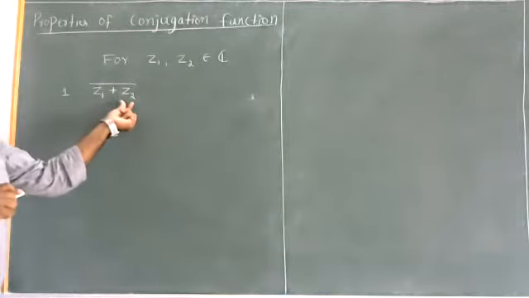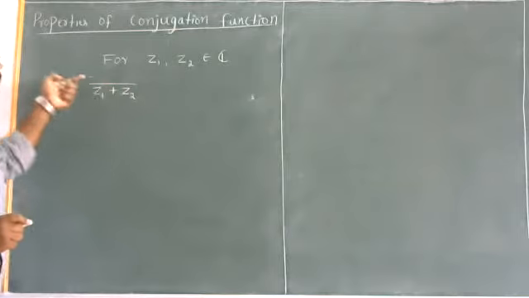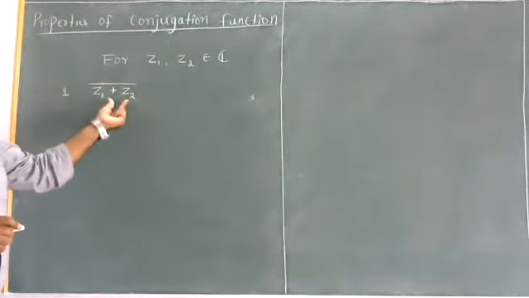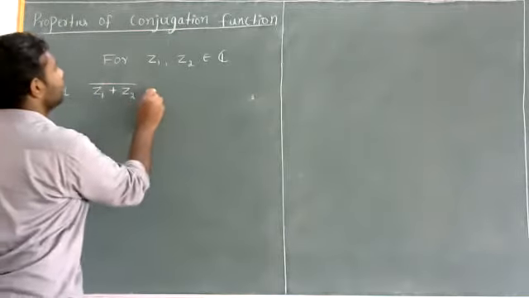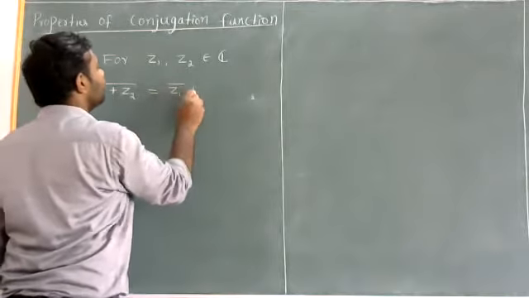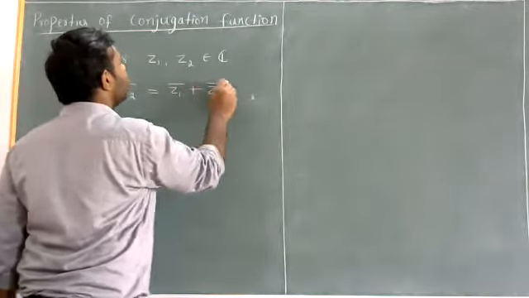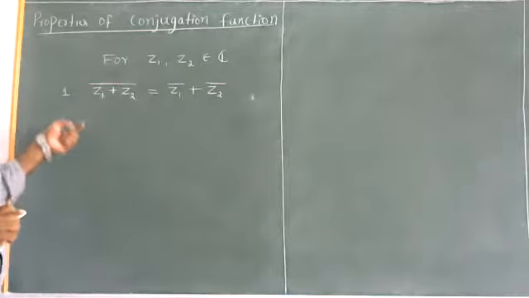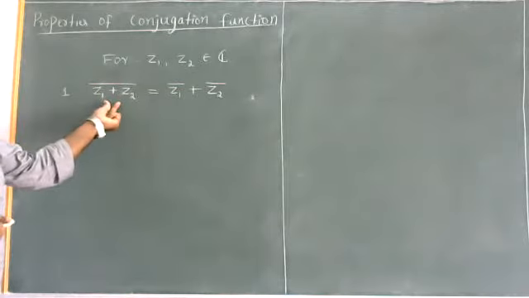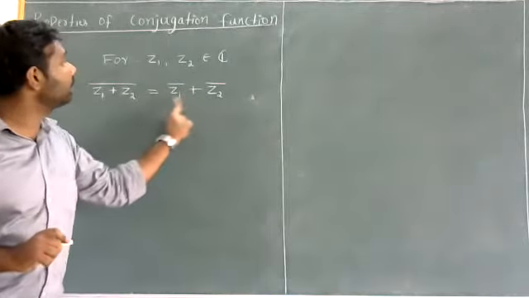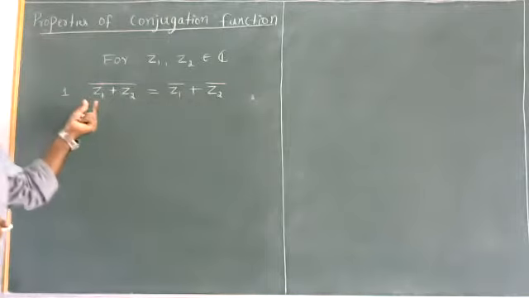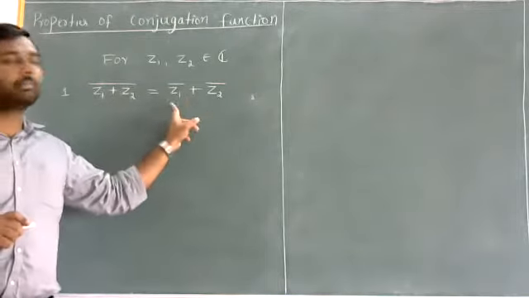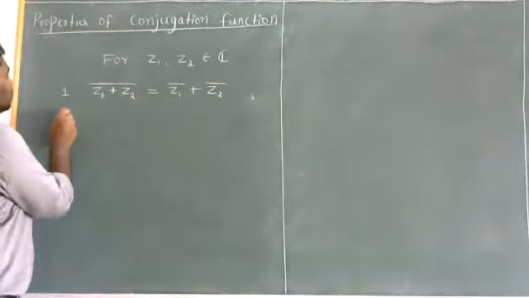We can read it as conjugate of z1 plus z2 is z1 bar plus z2 bar. In simple words, I can say conjugate of the sum is sum of the conjugates.